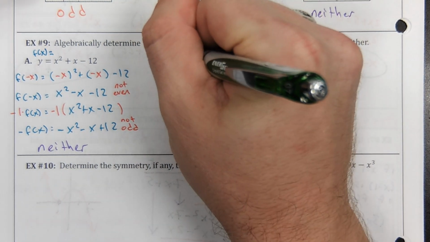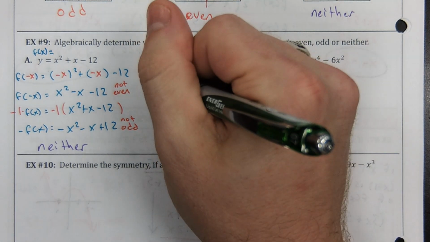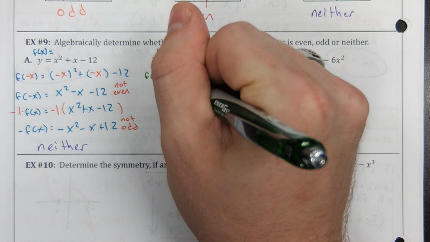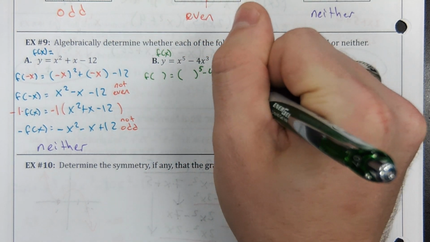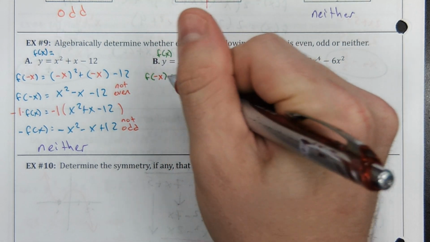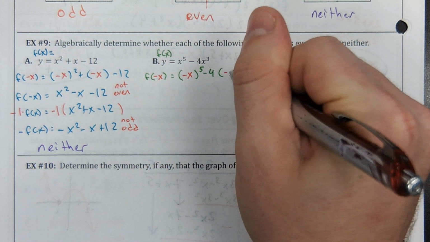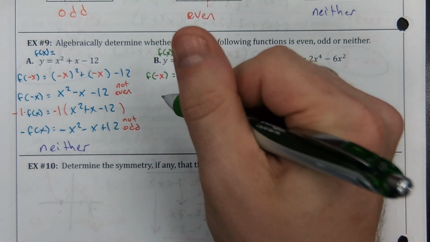Remember, it says f of x equals. Both tests start the same way. Replace all your x's with negative x's. Then you have to clean it up according to the order of operations.